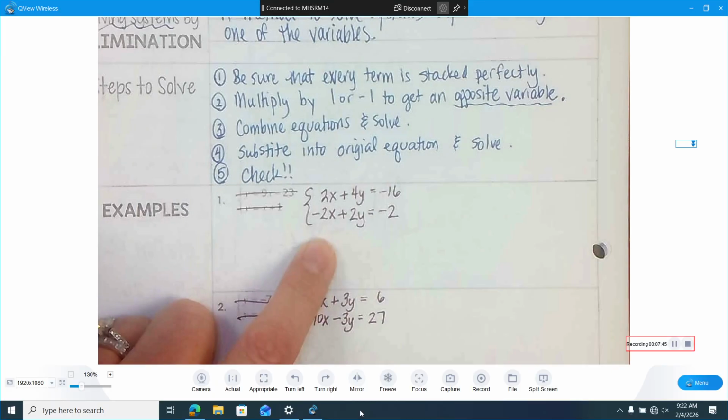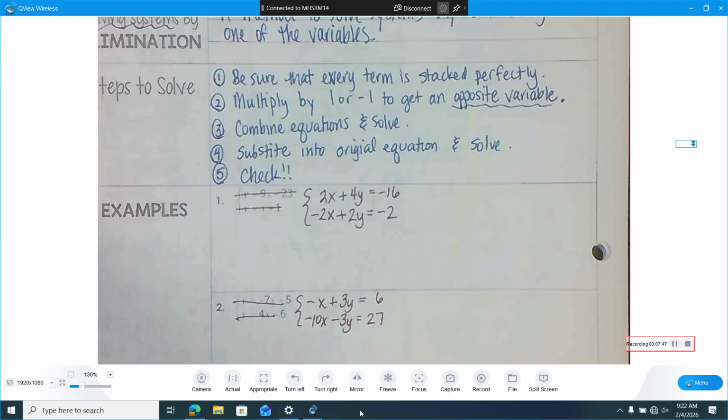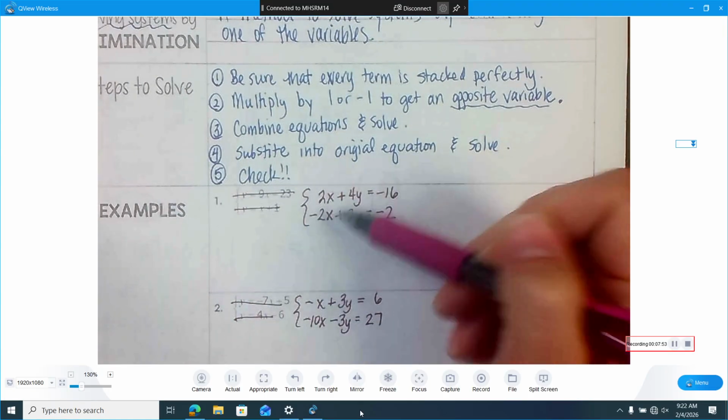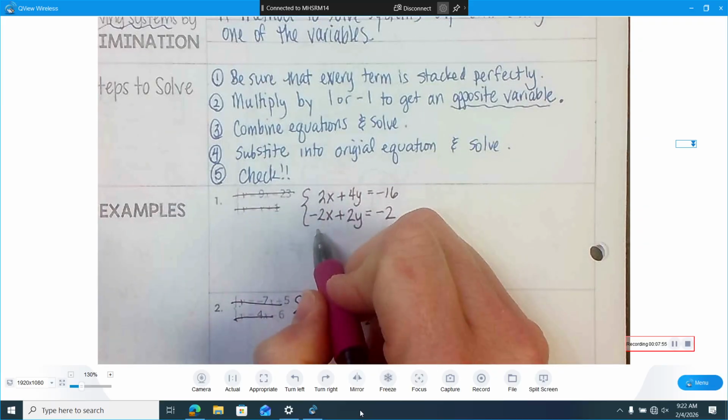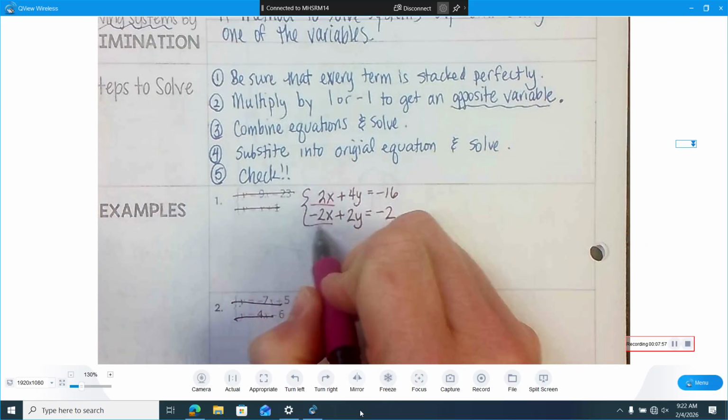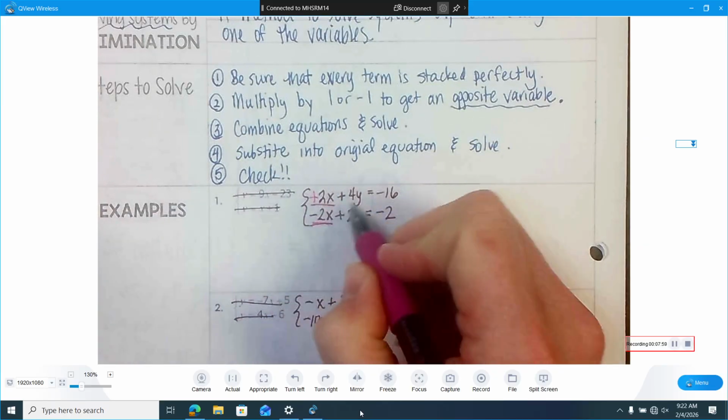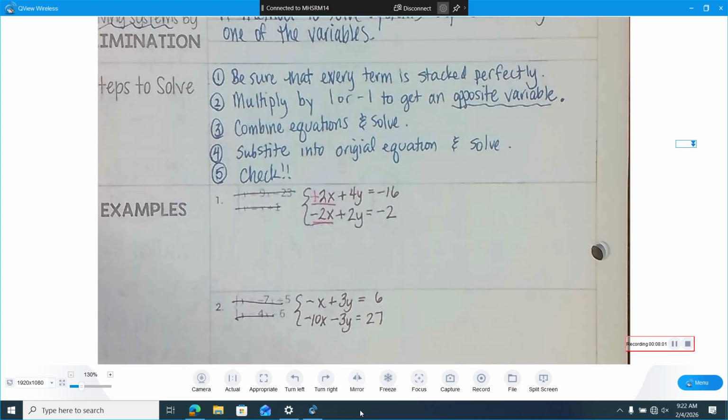So do we have some opposites on the board already? Yeah, we do. We have positive 2x and negative 2x, which means I really don't need to multiply by anything because they're already opposites. I could multiply by 1, but I don't need to worry about that.